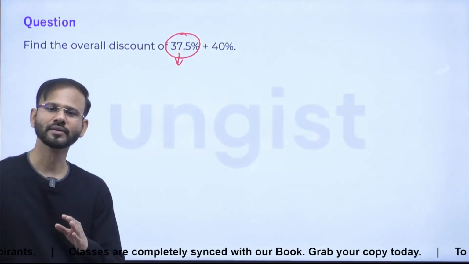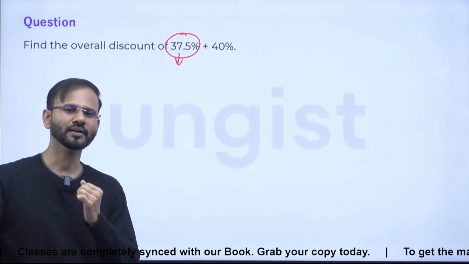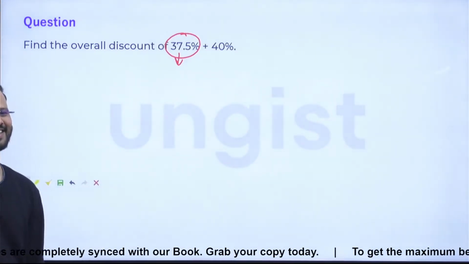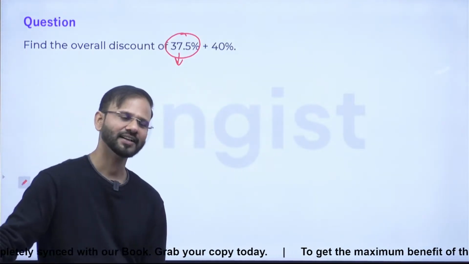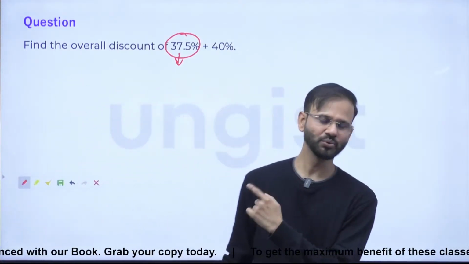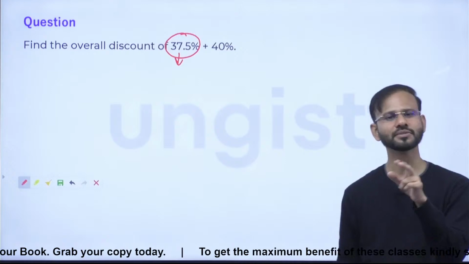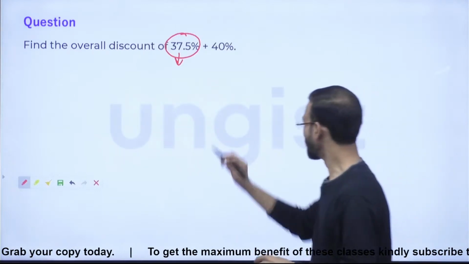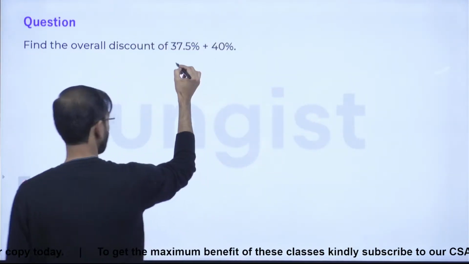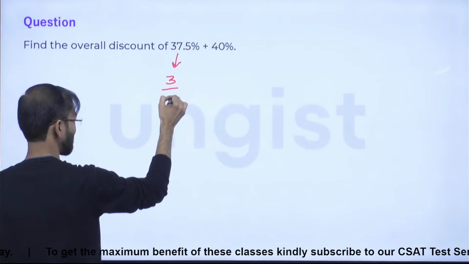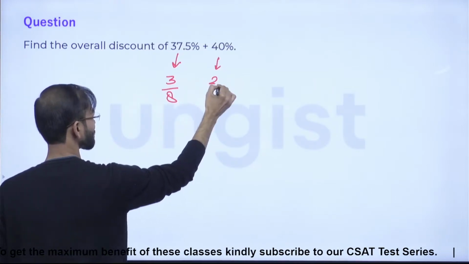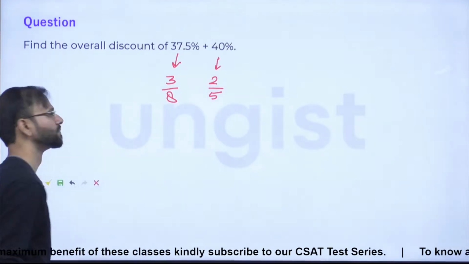हाँ हाँ, व्हाट इज द फ्रैक्शन? 3/8, राइट? 12.5 into 3 है ये. 12.5 is 1/8, so this is 3/8, right? All of you, इधर देखिए जरा. So this is 3/8, and what is this? This is 2/5. Correct?